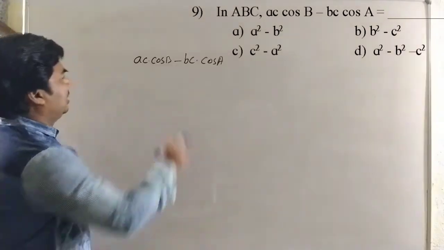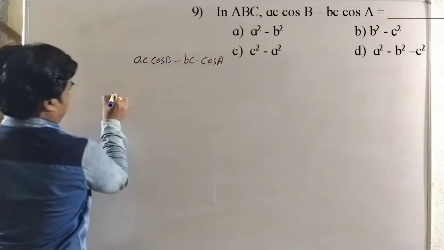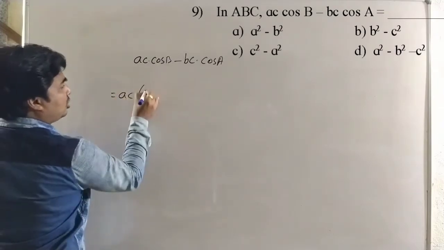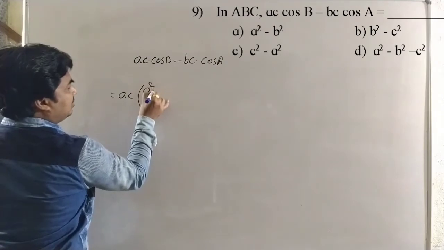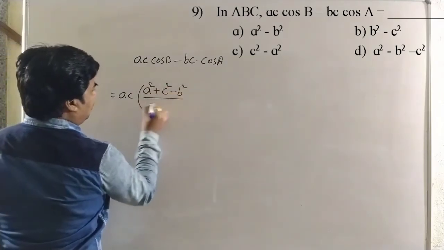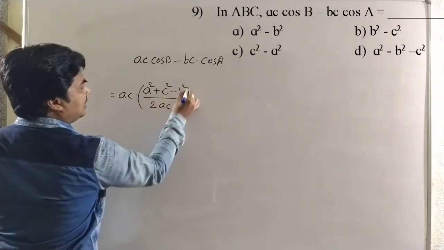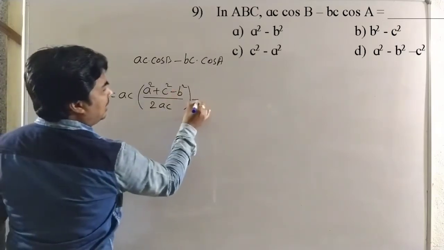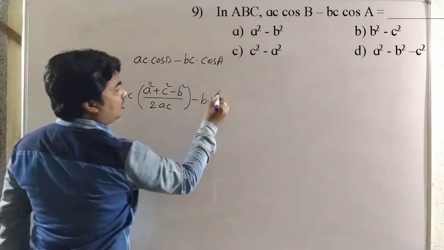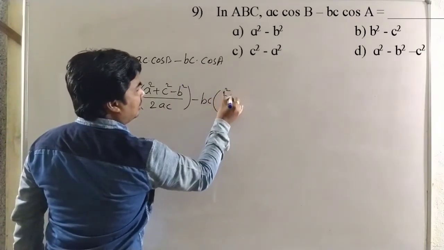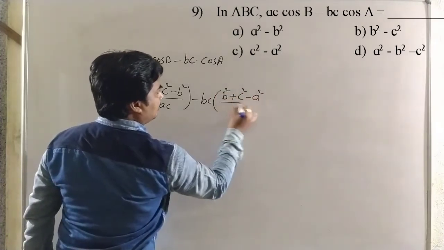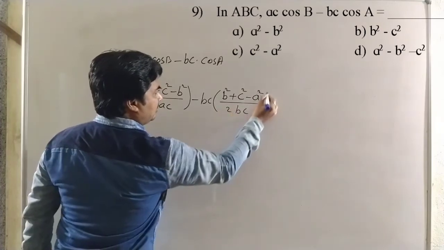Okay, now we calculate. Here put the value of cos B and cos A. Therefore, it is AC, and by cosine rule, cos B is a square plus c square minus b square upon 2AC. It is the value of cos B, minus BC into, again here we use the cosine rule, cos A. Cos A is b square plus c square minus a square upon 2BC.